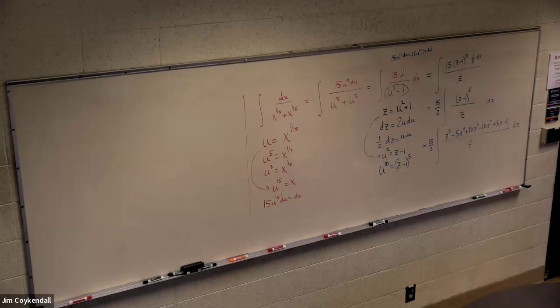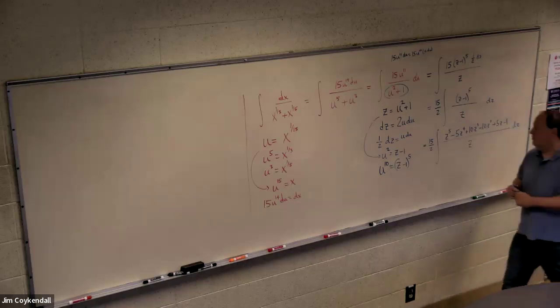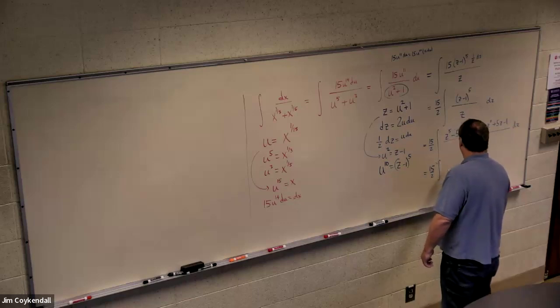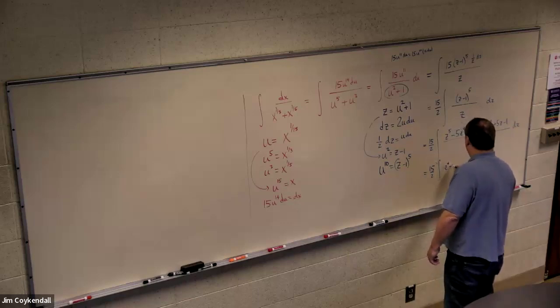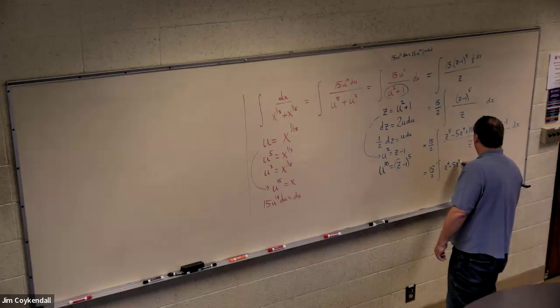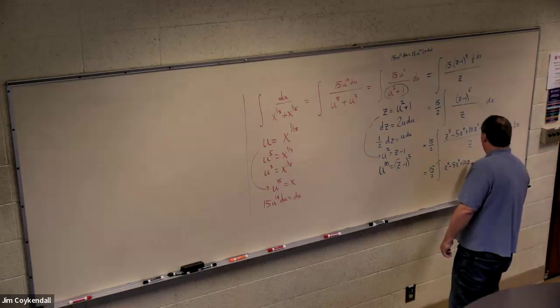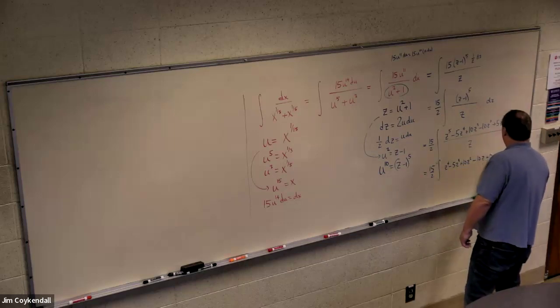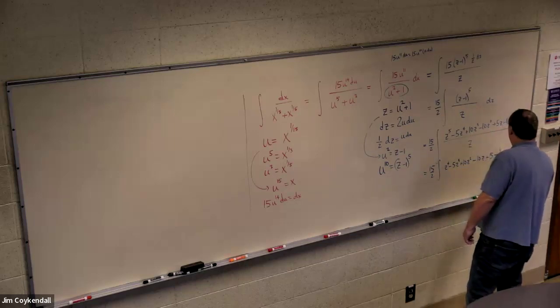What should be next? What should I do? Split it up into pieces, dividing, so this is 15 halves times the integral of z^4 minus 5z^3 plus 10z^2 minus 10z plus 5 minus 1 over z.